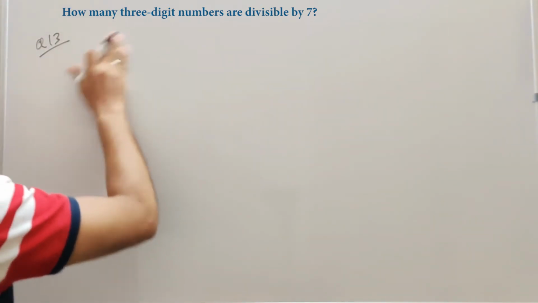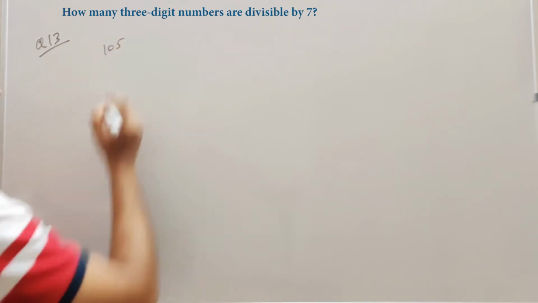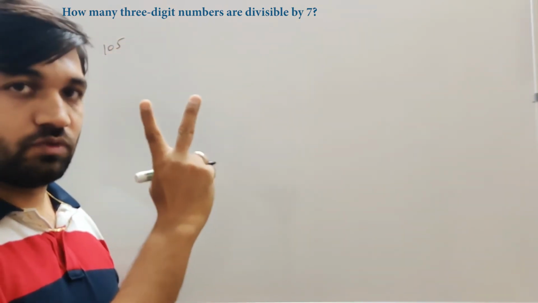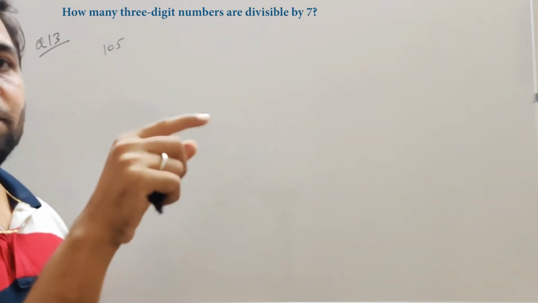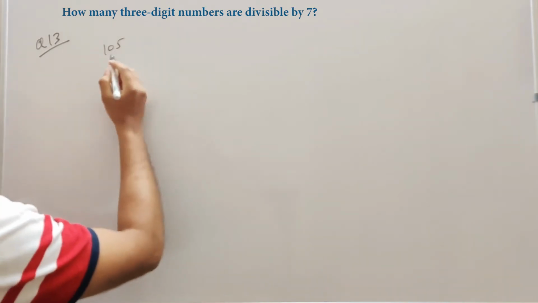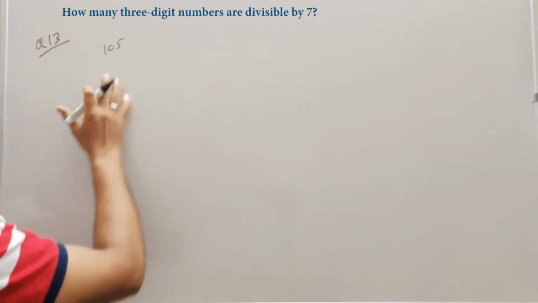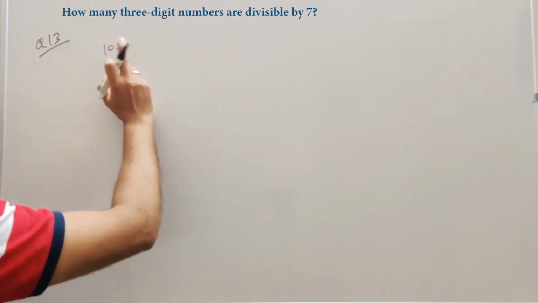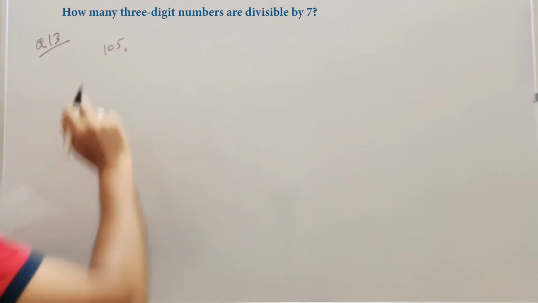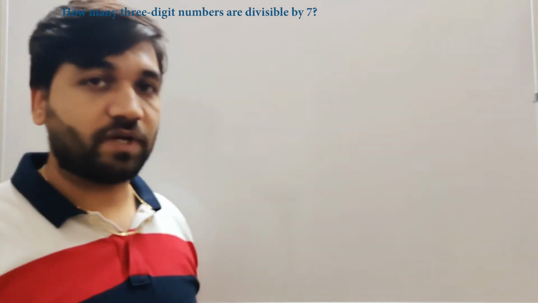So the remainder we were getting for 100 was 2, plus 5 will become 7. So this number now is going to be divisible by 7, which you can verify. 105, if you divide it by 7, 7 1's are 7, 35, 7 5's are 35, so 15 times basically. It is divisible. So this is the first 3-digit number which is divisible by 7.